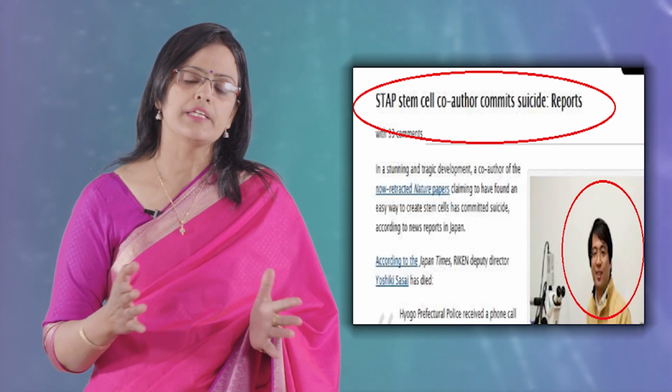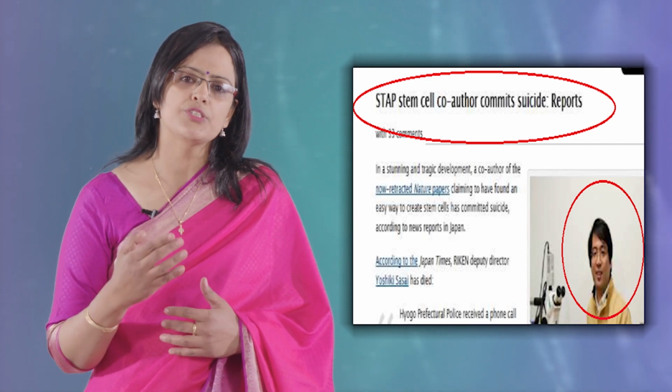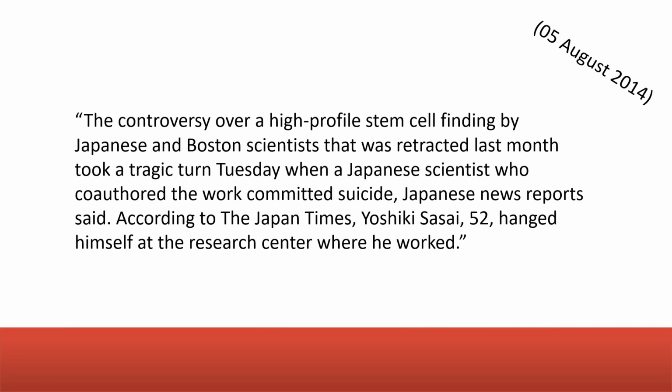In another case, a co-author of retracted stem cell papers committed suicide, and this news was flashed on August 5, 2014. The controversy over a high-profile stem cell finding by Japanese and Boston scientists that was retracted took a tragic turn when a Japanese scientist who co-authored the work committed suicide.